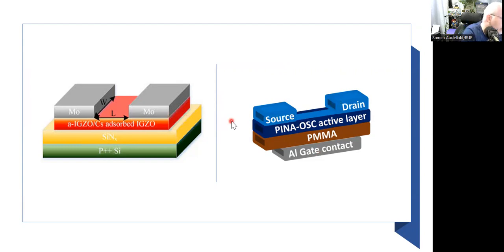The main difference, my dear students, between the one on the left and the one on the right is the nature of the material. And these are actually two big sectors in semiconductors. On the left-hand side, we use the conventional inorganic semiconductor materials.